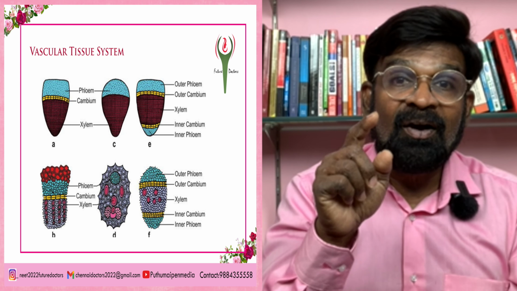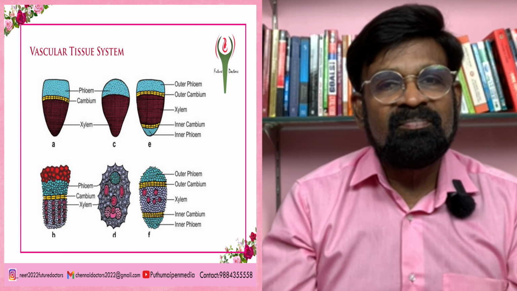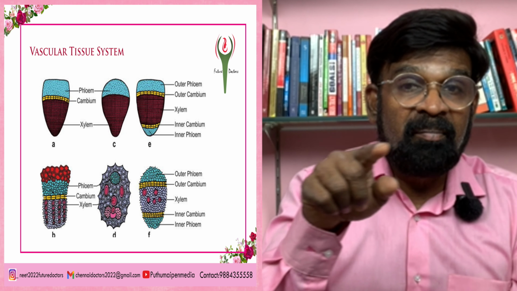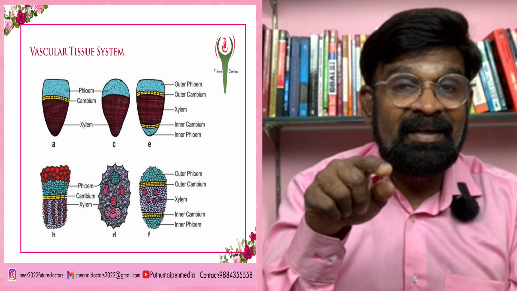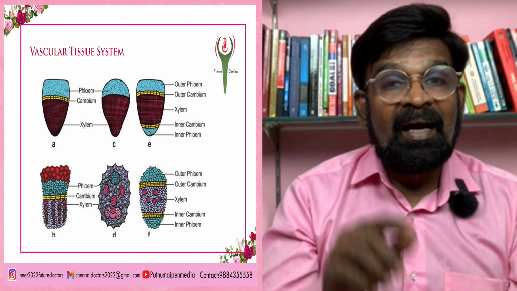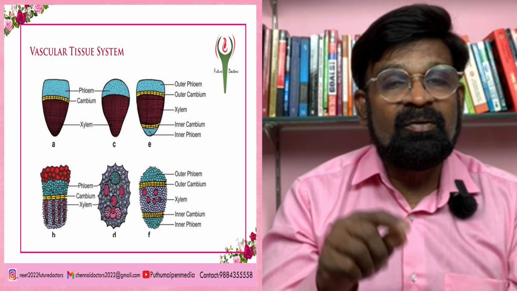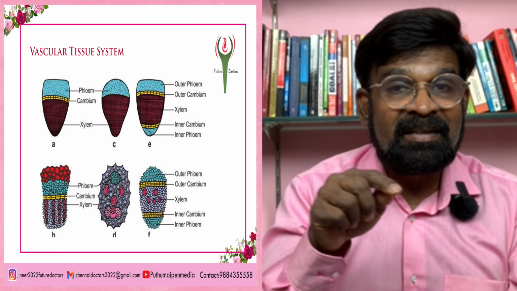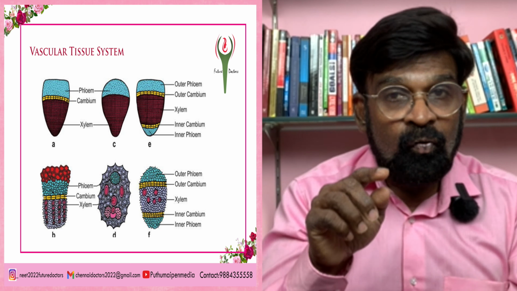The concentric bundles are of two types: amphivasal, where the xylem surrounds the phloem, and amphicribral, where the xylem lies in the center and is completely surrounded by phloem.